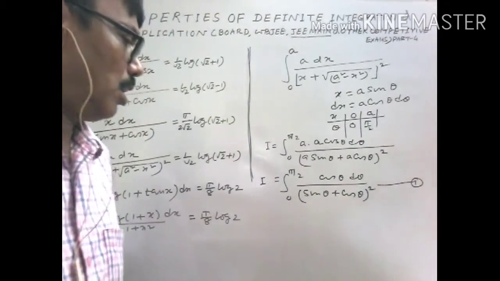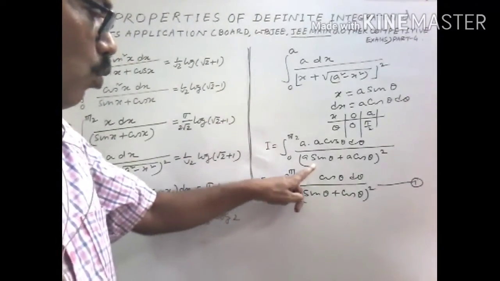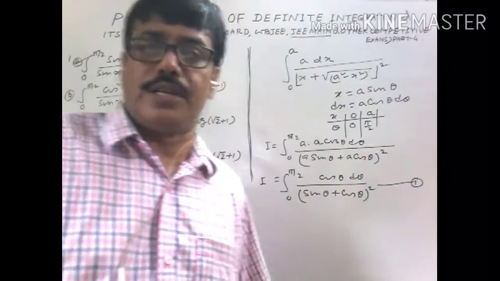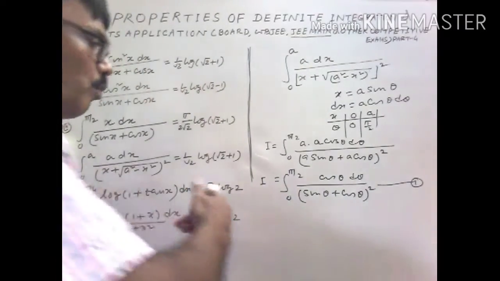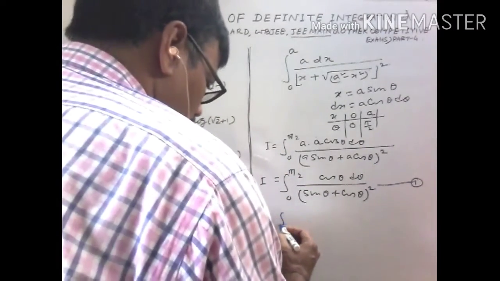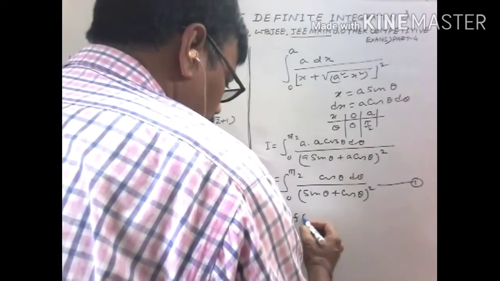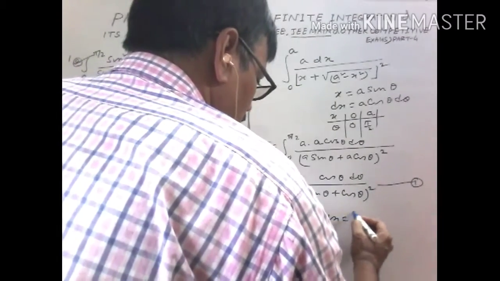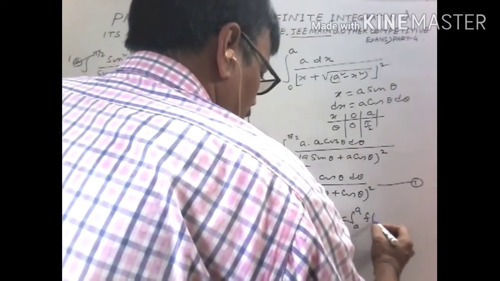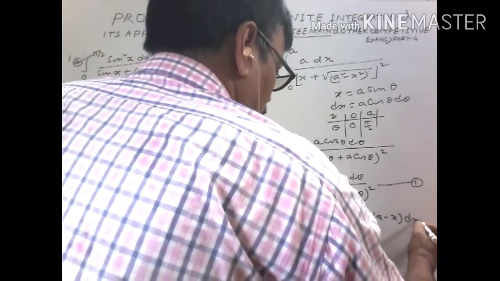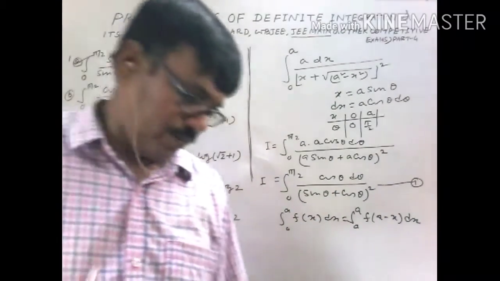Now we use properties of definite integral. The property, which we have already discussed in the previous video: integral from 0 to a of f of x dx equals integral from 0 to a of f of a minus x dx.